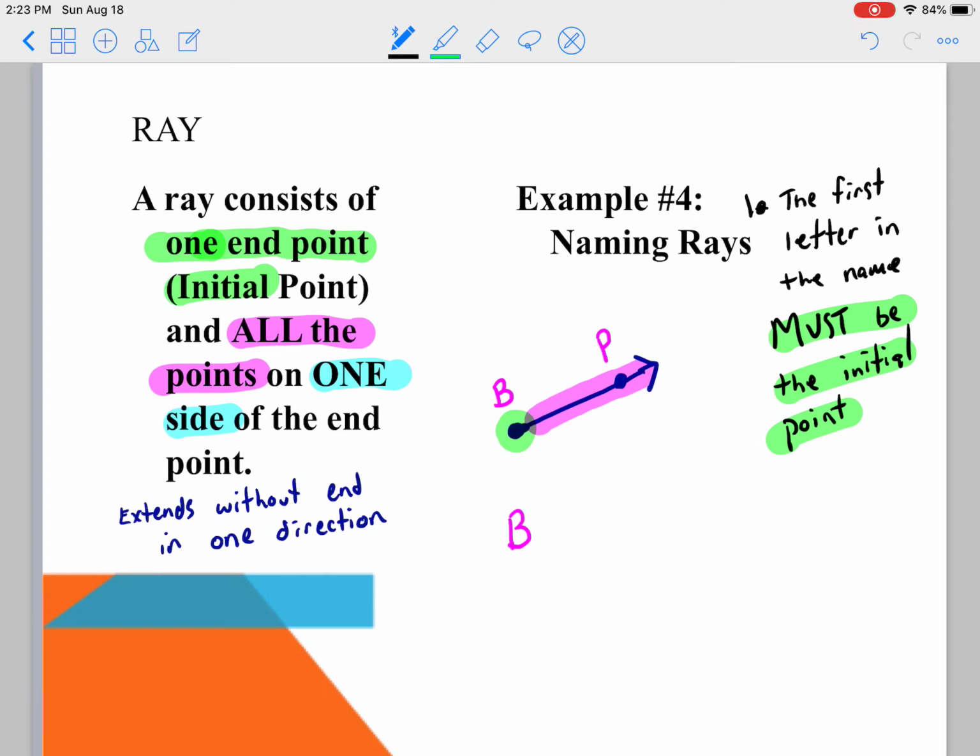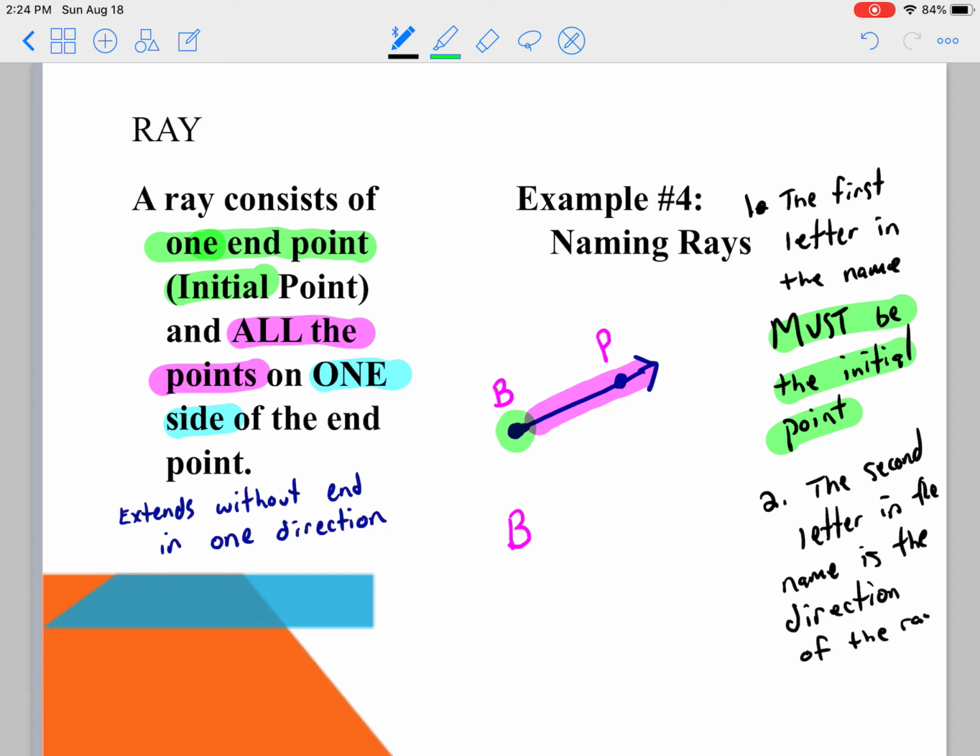Let's call this number 1, number 2. The second letter in the name is the direction of the ray. So it tells us what direction it is going.